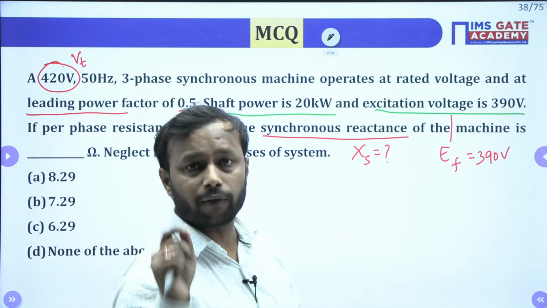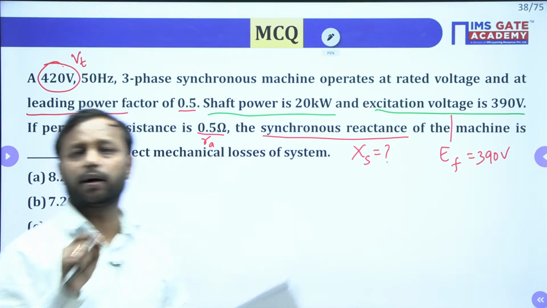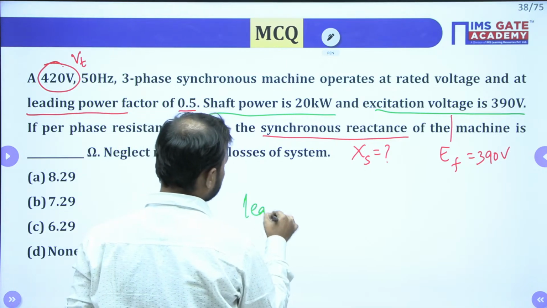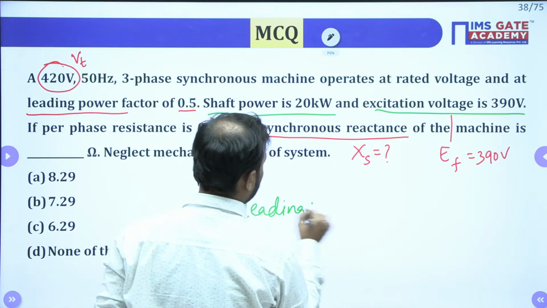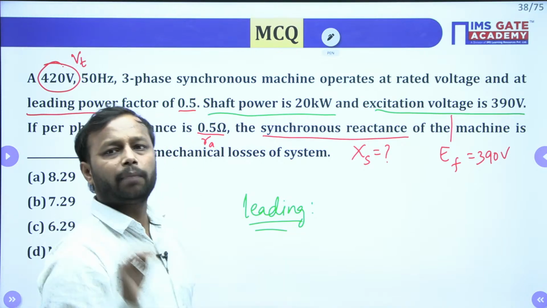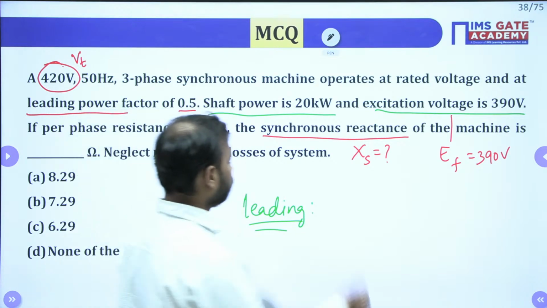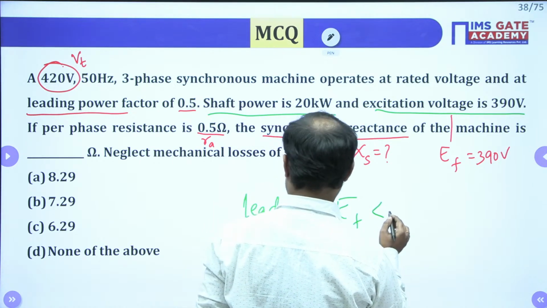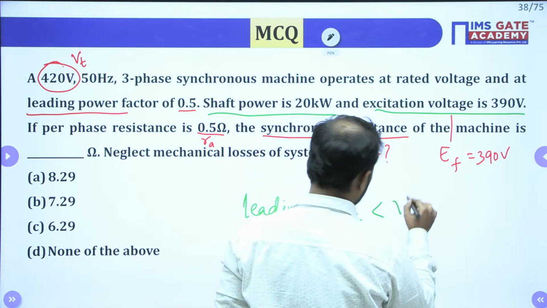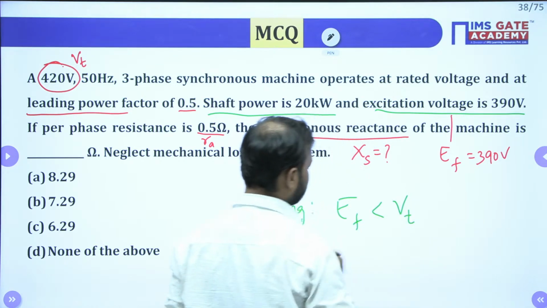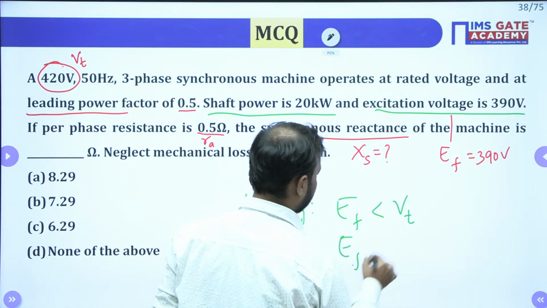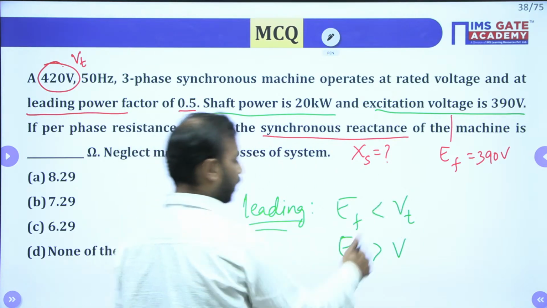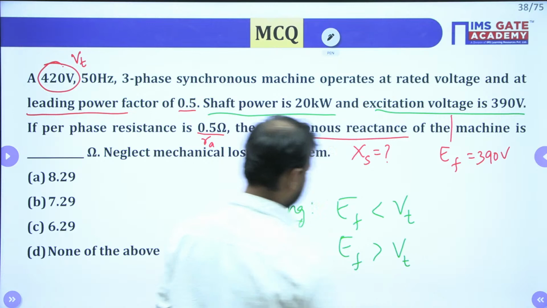Now one thing for sure, everybody please look at this point. From here we are going to judge whether this machine is a generator or a motor. Now for the leading power factor, two cases are possible related to the voltage. Either EF is less than VT, or EF is greater than VT.